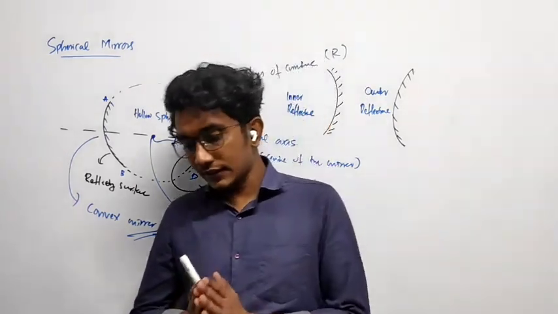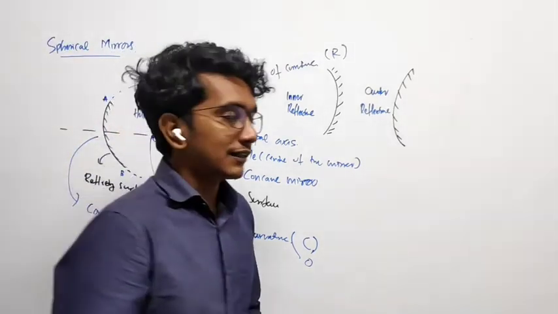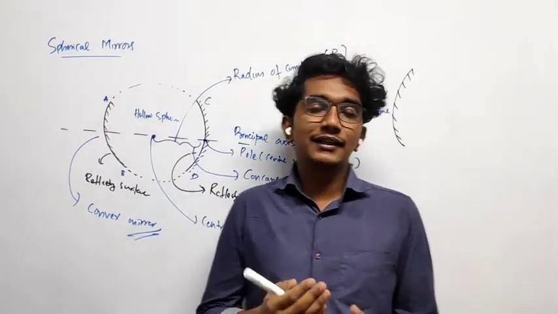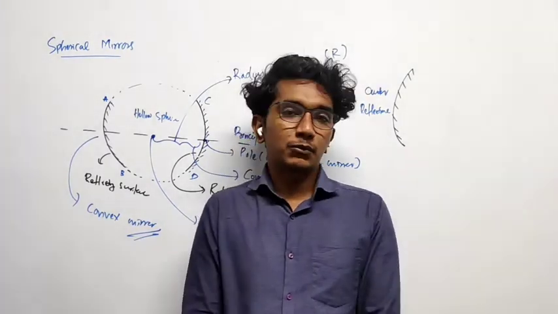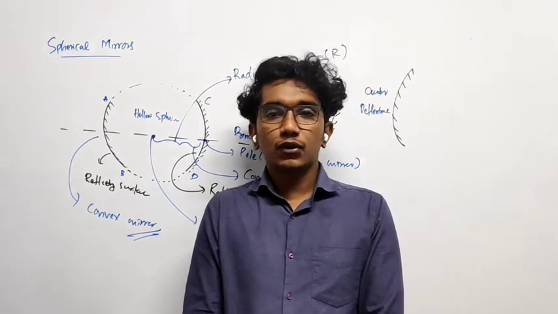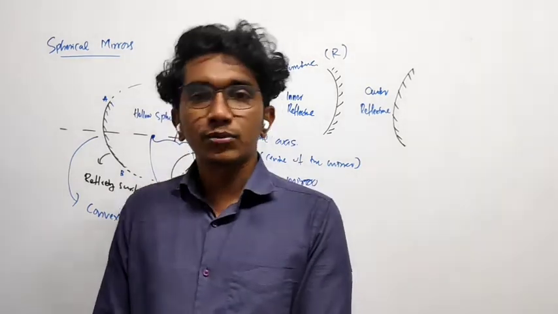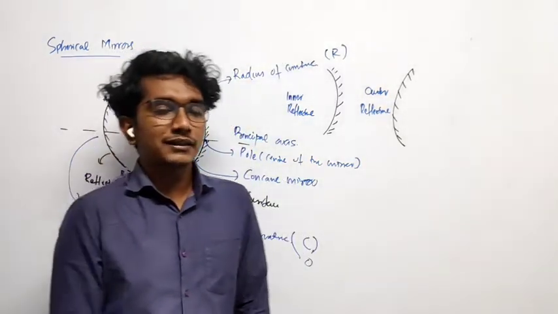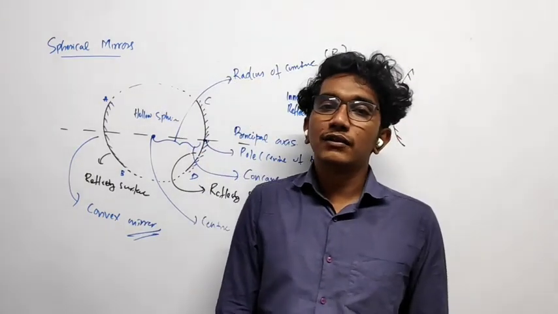I missed all these intentionally, because in the next video we will discuss them. I want to explain what focus, focal point and focal length are in a detailed manner, so that is why I missed them. I just moved forward to the next video. Okay, so we will see in the next video.